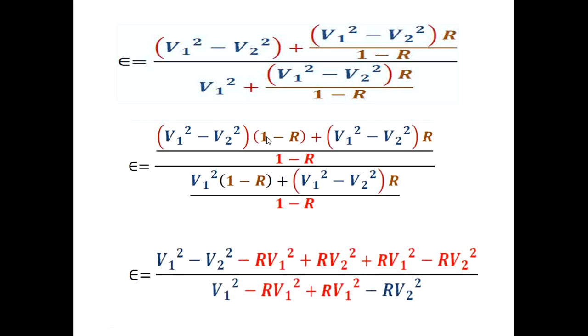Here 1 into V1 square minus V2 square R minus V1 square, minus into minus gives plus R V2 square, plus R V1 square minus R V2 square. Similarly, V1 square minus R V2 square and R V1 square minus R V2 square, whatever is marked in red, everything will get cancelled.